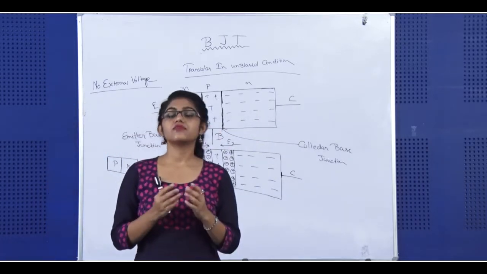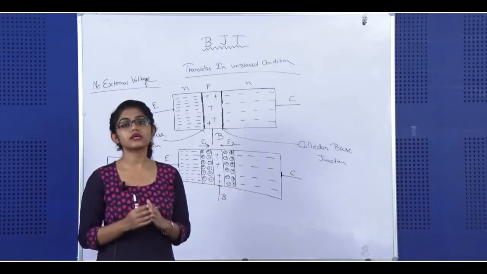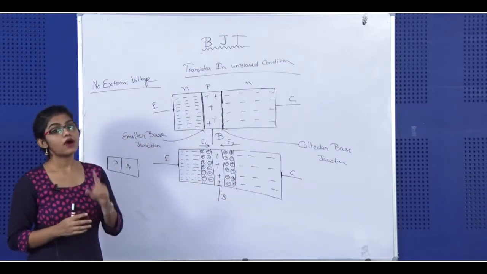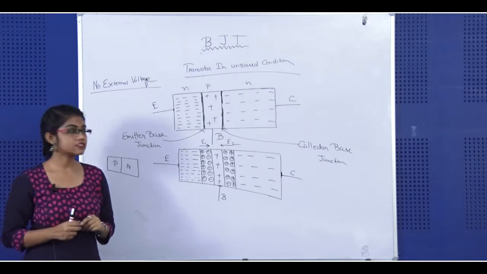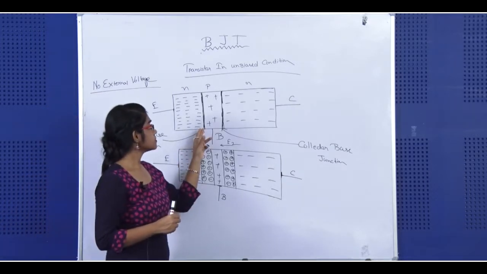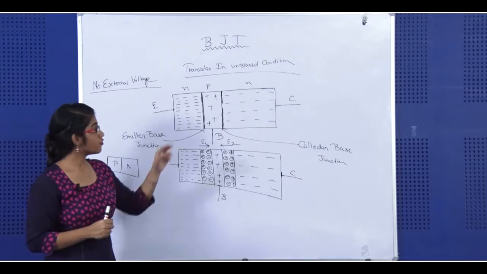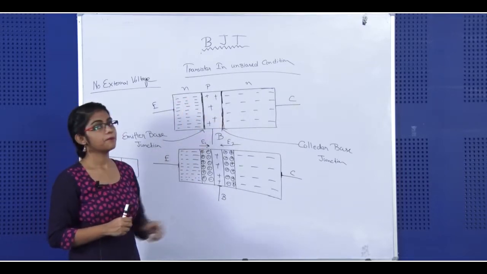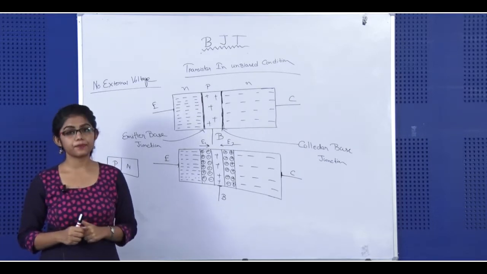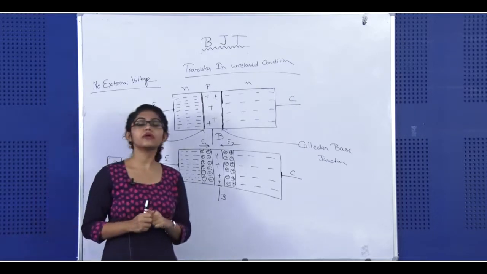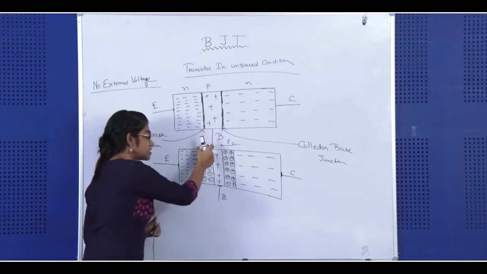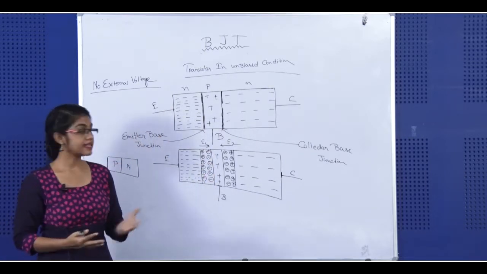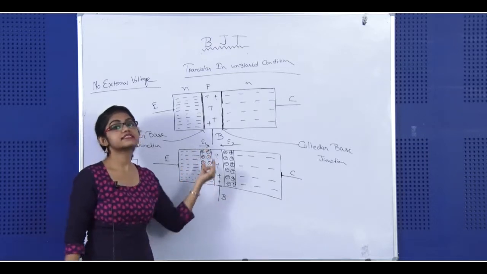Now, these charge carriers diffuse from higher concentration to lower concentration, and for this reason one main thing will occur, that is called recombination. When electrons diffuse from emitter to base, recombination takes place, and when this recombination takes place at the junction, there are no free charge carriers. These charge carriers are not free, they are static charge carriers.